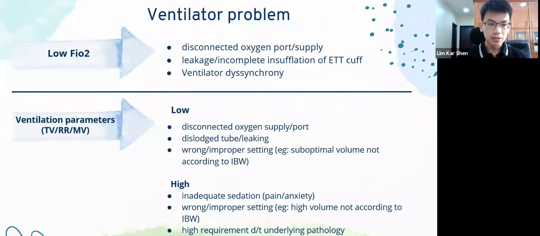Ventilator problems showing low FiO2 can be due to a disconnected oxygen port or supply, leakage or insufficient inflation of the ETT cuff, or ventilator dyssynchrony.